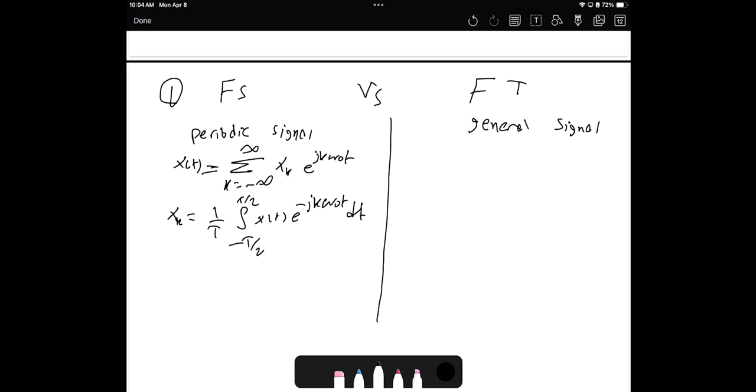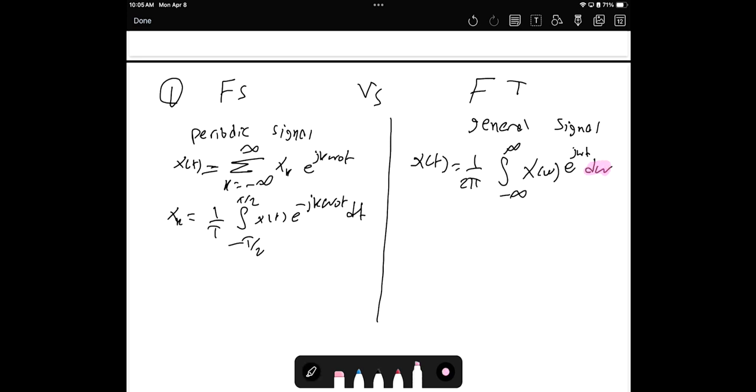Then the general expression for Fourier transform, as discussed last lecture: x of t equals 1 over 2 pi times the integral from negative infinity to infinity of X of omega, keeping in mind X is uppercase, e to the power j omega t d omega.